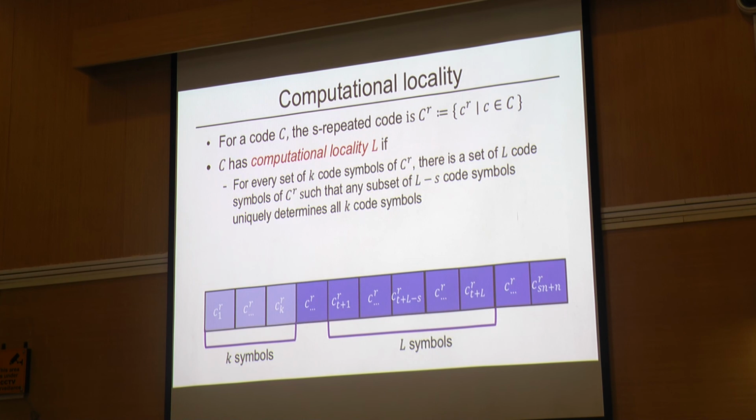Pictorially it's much easier to describe. So for every K symbols, there is some set of L symbols using which you can recover these K symbols, out of which S can straggle. So any L minus S is sufficient. Then we will say that it has computational locality L.